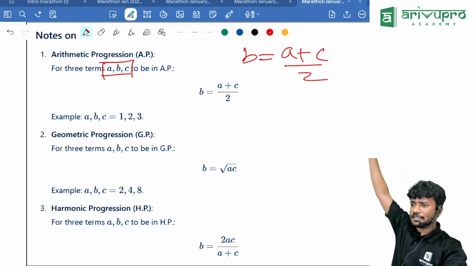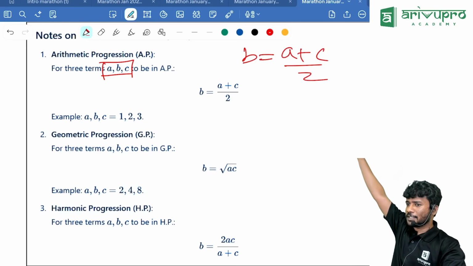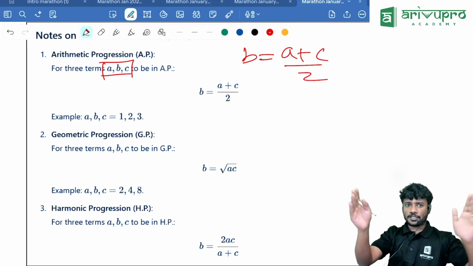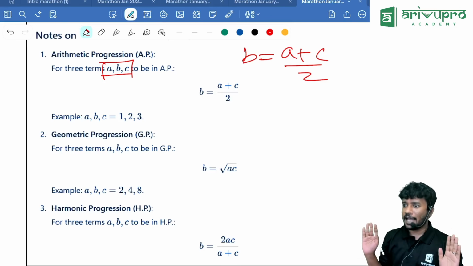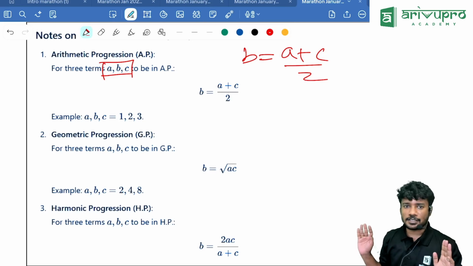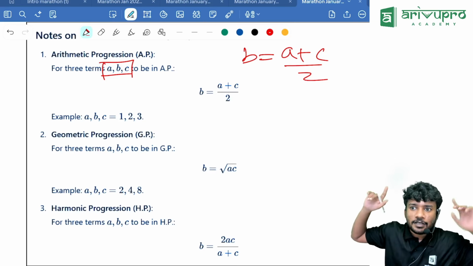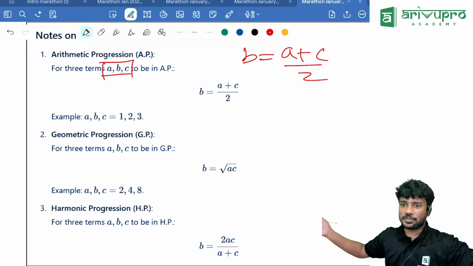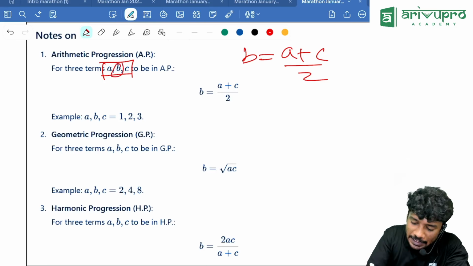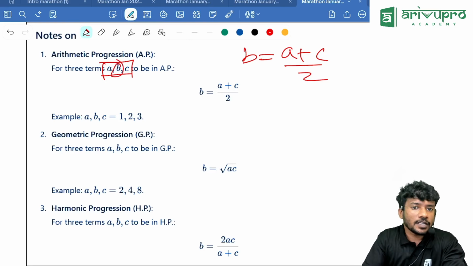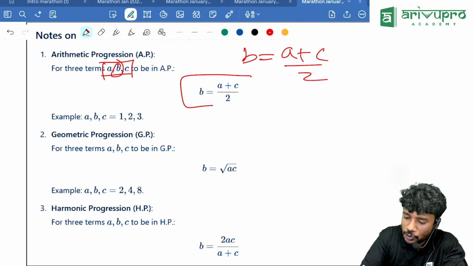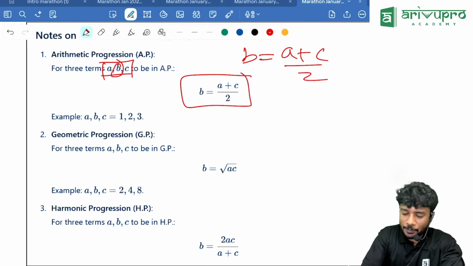Did we study this in chapter 14? I told you that when the numbers are consecutive, the average is the average of the extremes. Similarly, here the middle term will also be the average of the extremes. So B is equal to A plus C divided by 2.